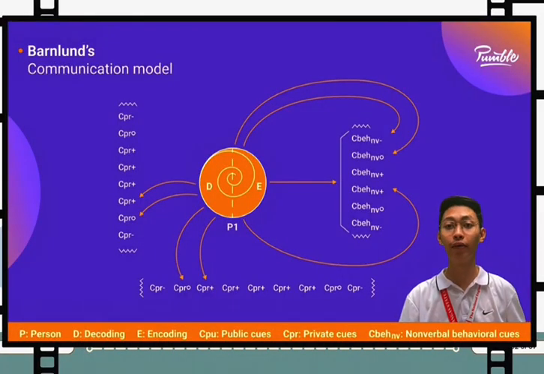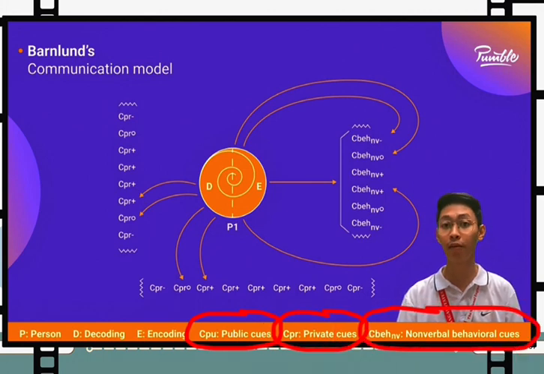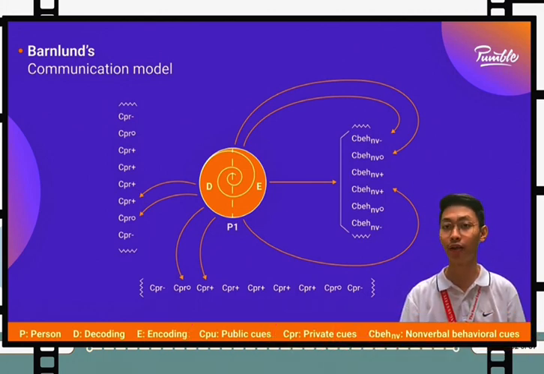Here are the components of Barnlund's model. First is cues. Cues refer to the sign for doing something. As per Barnlund's, there are public cues, private cues, and behavioral cues in the model diagram shown.